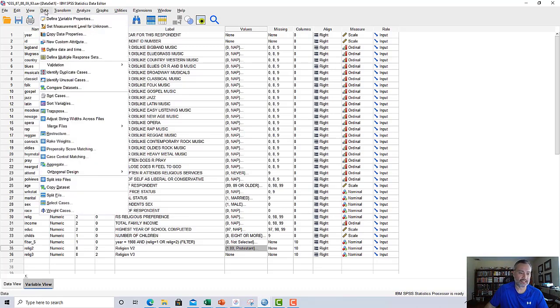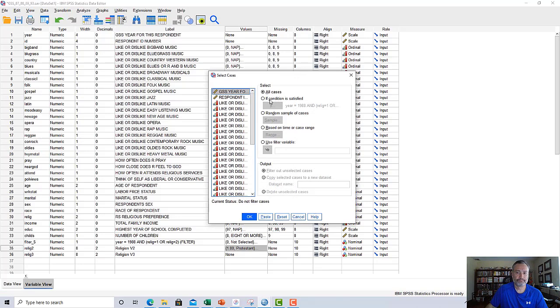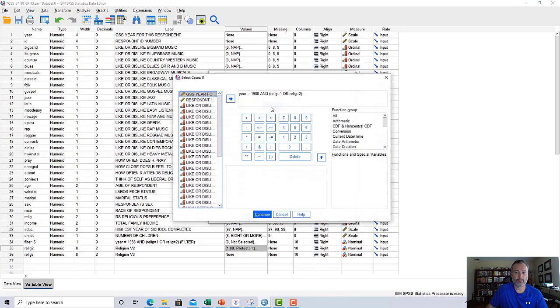I'm going to go to data, select cases again. If condition is satisfied, and so I have to change my condition here. It's year equals 1988, or year equals 1989, or year equals 1987. I guess I should put them in order, but it's going to be the same anyway.